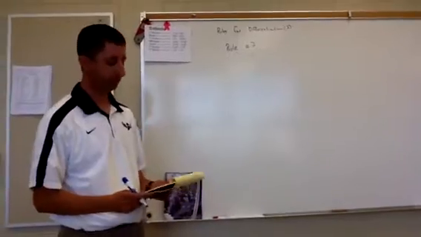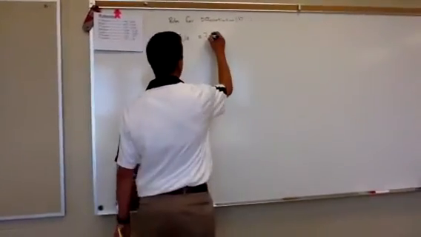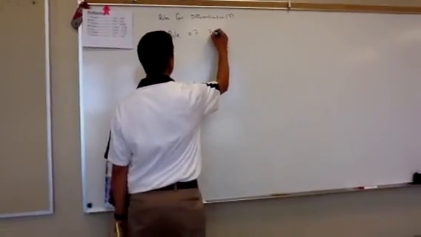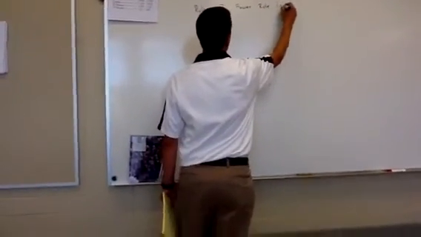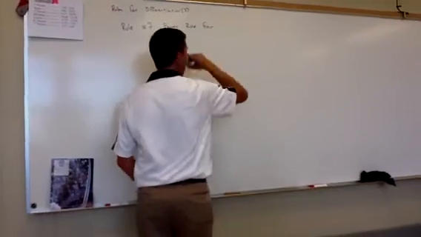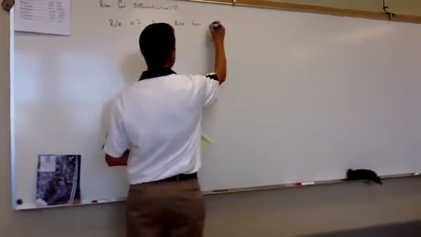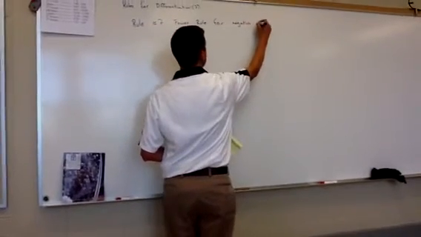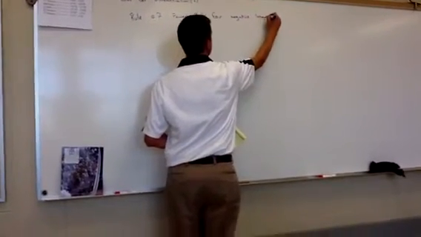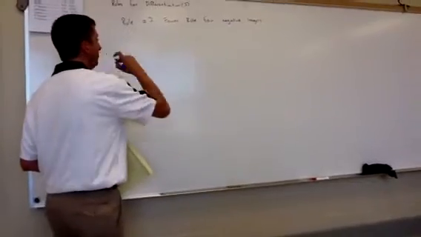Rule number 7. Okay. It's the power rule for negative integers. Pay attention. Basically it's the same thing.